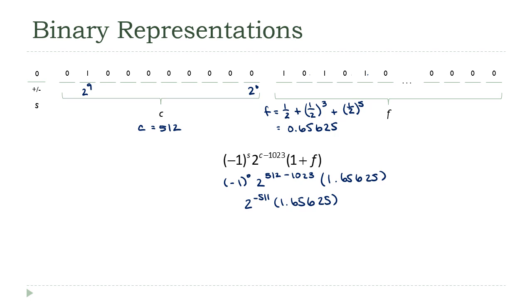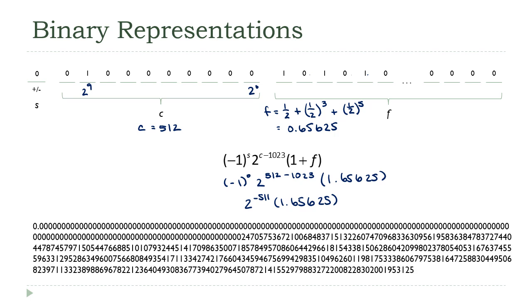There are websites that you go to, and I'm actually going to give you a link to one in the last slide, that will take these binary representations and convert them into decimal digits with all the possible exponents. And I actually went ahead and did that here. This is the decimal value to all of the available precision of this binary representation.